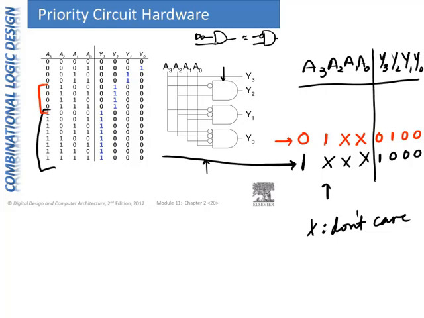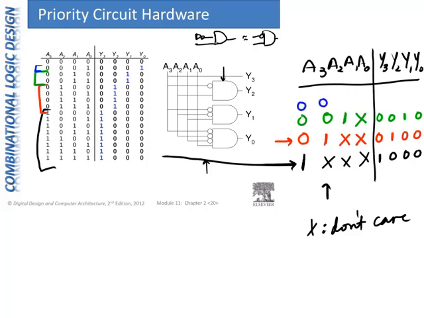Moving forward, if A3 doesn't request the room, A2 doesn't make the request, but A1 does, it doesn't matter what A0 does, A1 will get the room. So now we've collapsed these 2 rows into a single row, and the remaining rows can't be collapsed into anything smaller than 1 row.